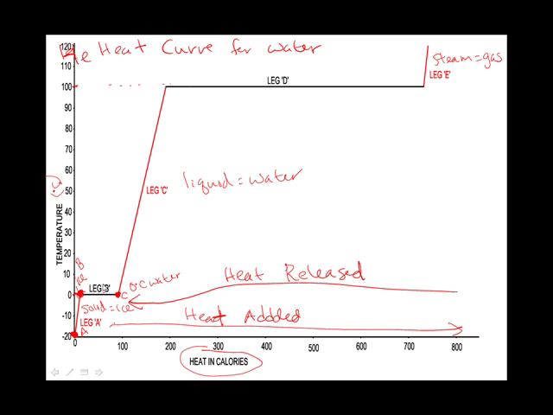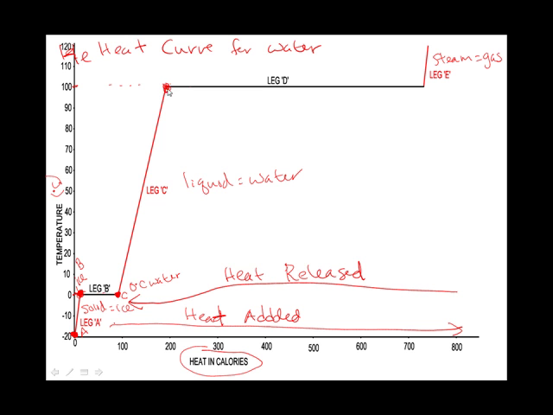You could have 0 degrees Celsius ice or 0 degrees Celsius liquid water, and the energy I put into the solid ice is used to break the bonds between the water molecules and turn that ice into liquid water. So this is my point C, and from point C to point D, I'm adding heat, and the energy is used to warm up the temperature of the water.